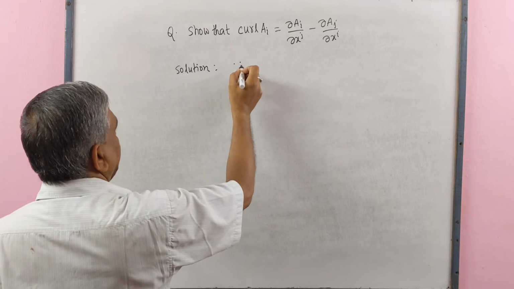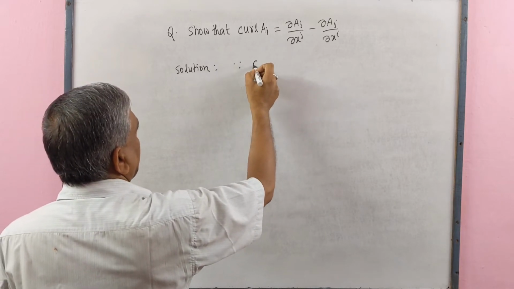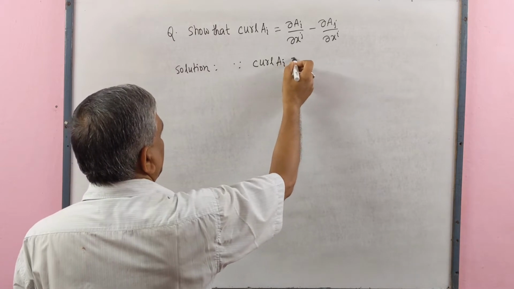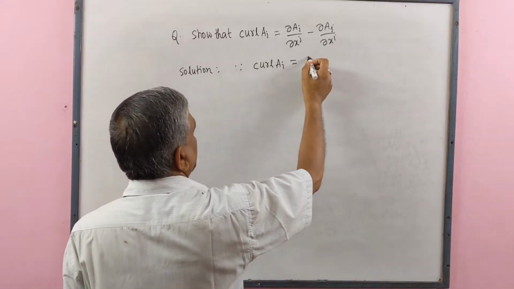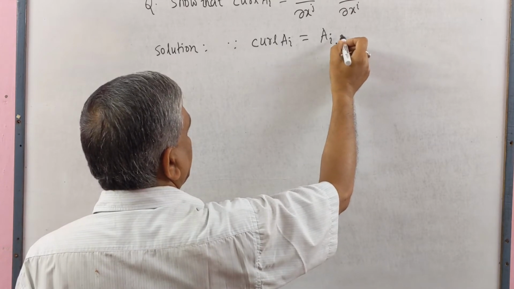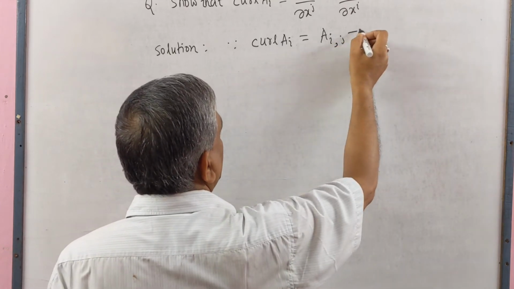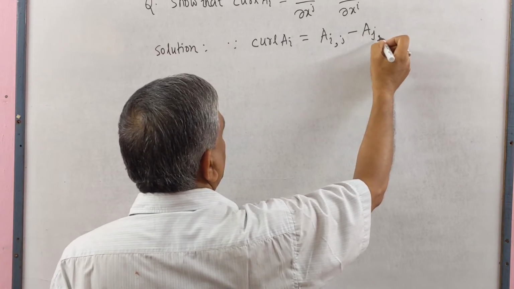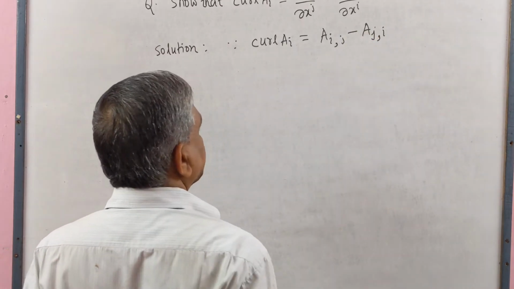Since we know that curl Ai equals Ai covariant derivative with respect to xj minus Aj covariant derivative with respect to xi.